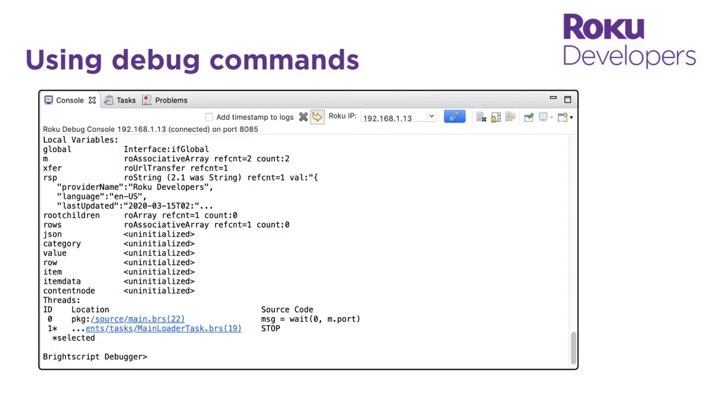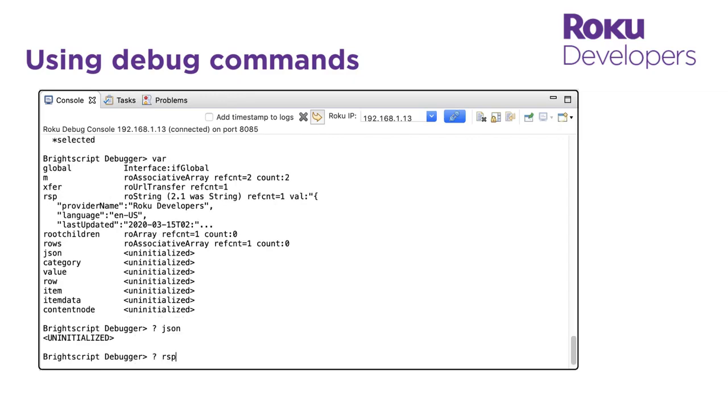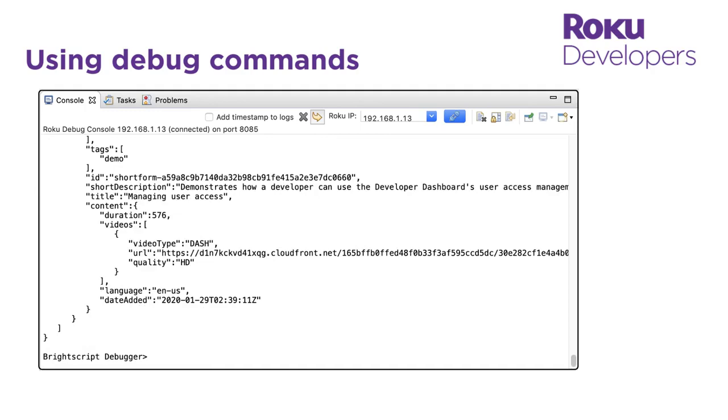After the console displays the crash log and stack trace, the BrightScript debugger opens. The debugger has a pretty robust set of commands for diagnosing issues. Some of the commands provide the same information we saw in the crash log. For example, I can enter var to get the current types, counts, and values of the local variables. I can also enter print or the question mark symbol to print out a variable value.